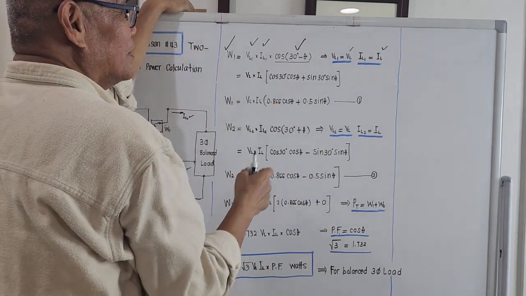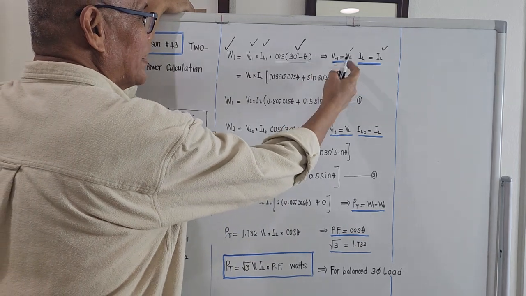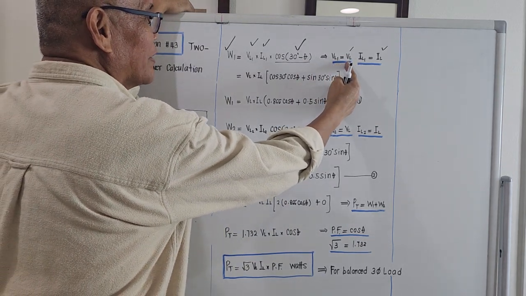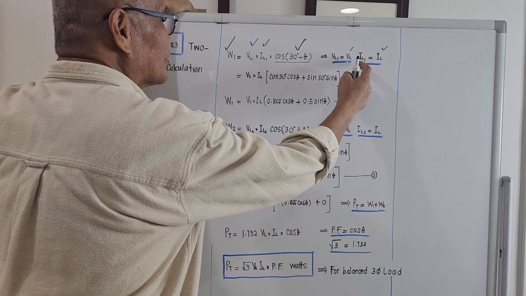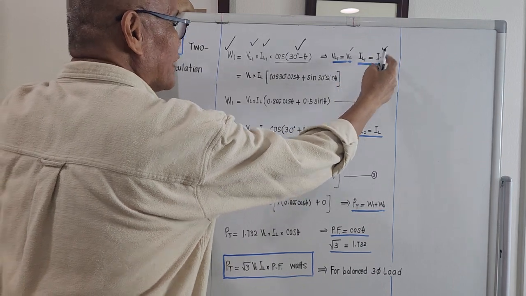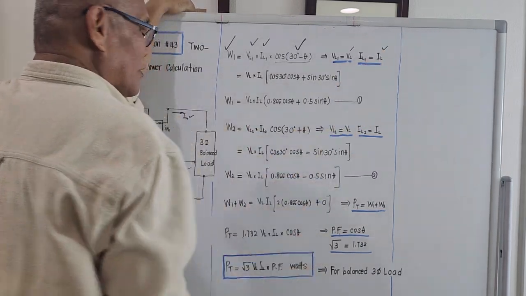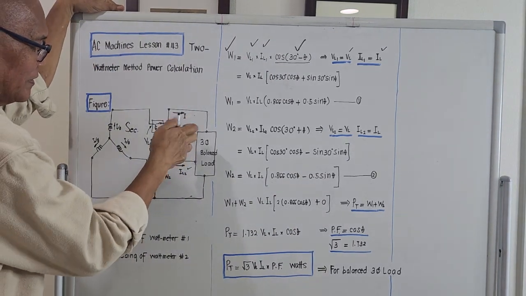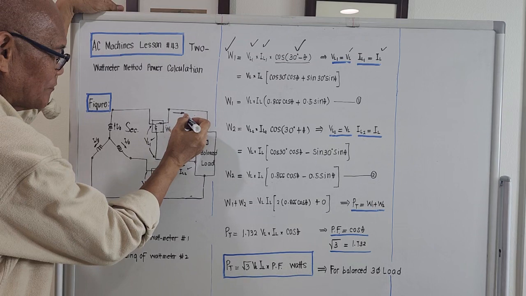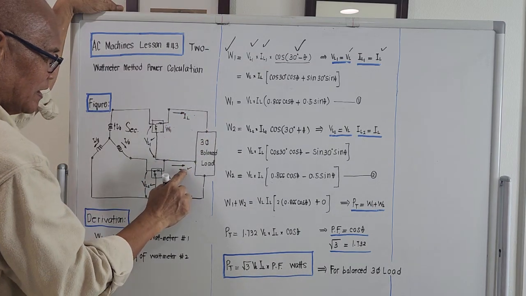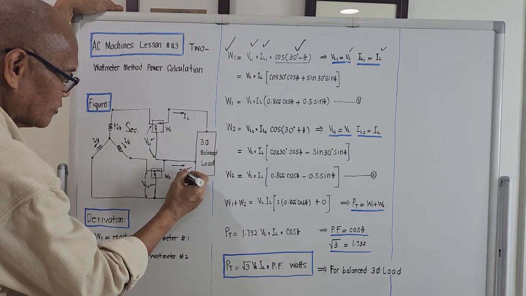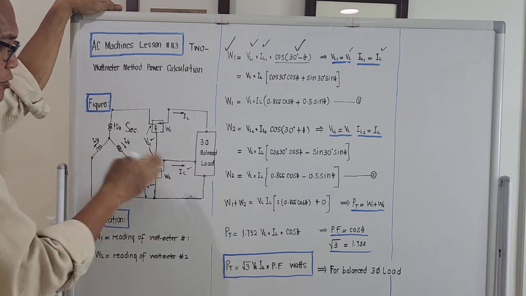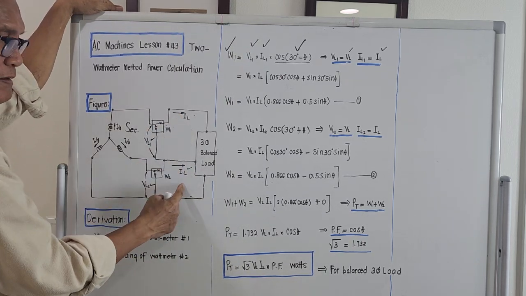Why no more subscript? Because for a balanced load, the line current number 1 is simply IL, and current number 2 is simply IL. This is balanced.